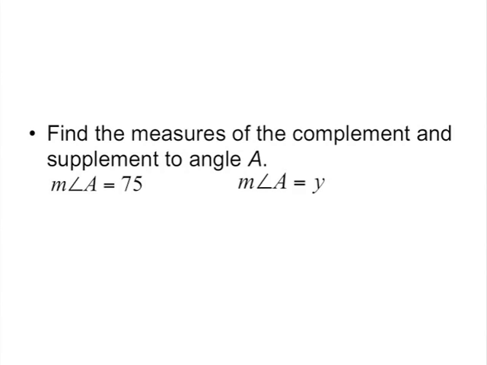Our directions here ask us to find the measures of the complement and the supplement given a certain angle. So if my angle is 75, how big will the complement be?